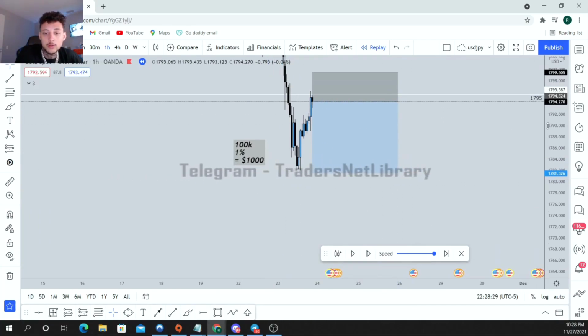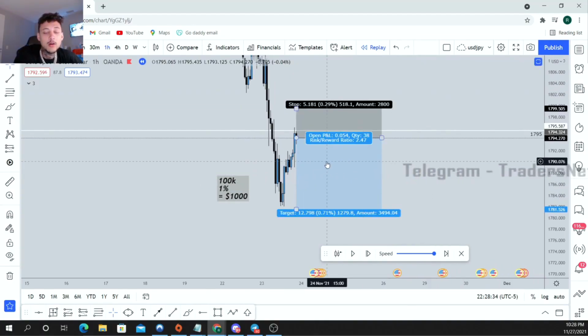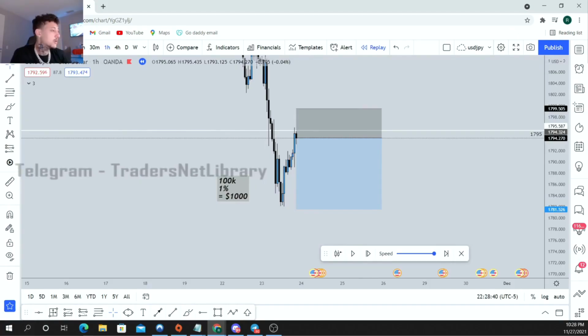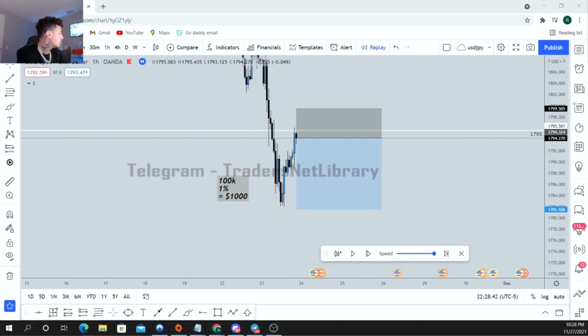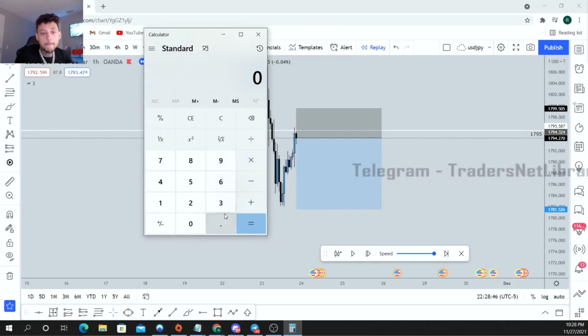So how we're going to do this is, instead of just going in, right? Because initially for us to lose $1,000 on this 50 pip stop loss, it's basic math. Let me grab a calculator really quick. So for us, we have to understand the basic math behind lot sizes.